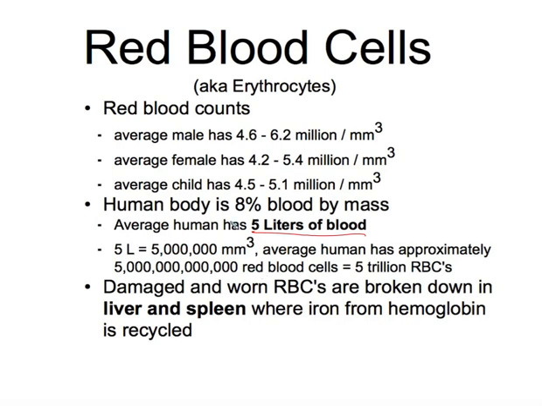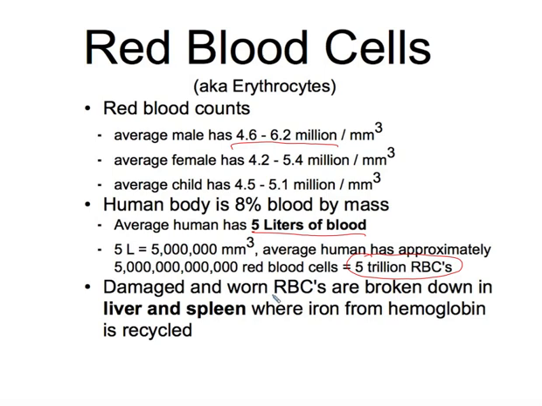And so with all this, you end up with somewhere in the neighborhood of 5 trillion red blood cells when all is said and done. So this number per cubic millimeter, take that times thousands, millions, billions, times 5 million cubic millimeters, and you get somewhere in the neighborhood of 5 trillion red blood cells. That's a lot.